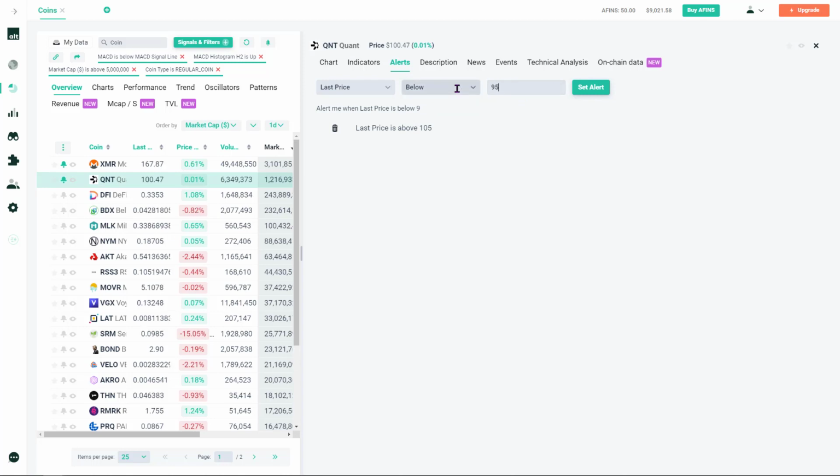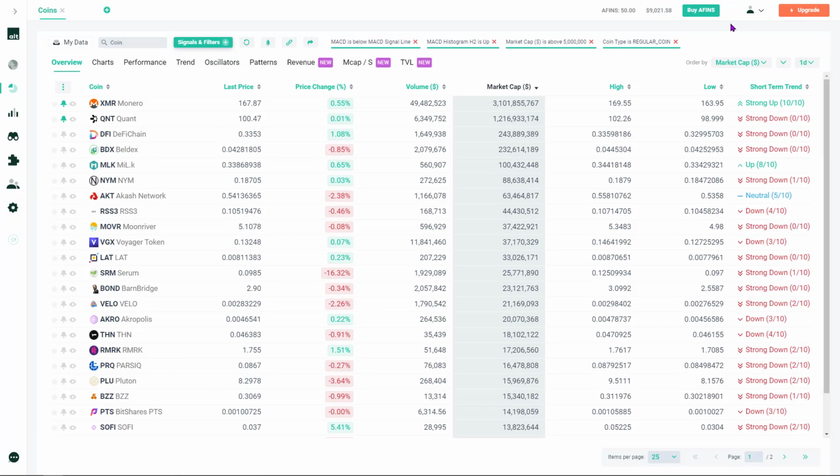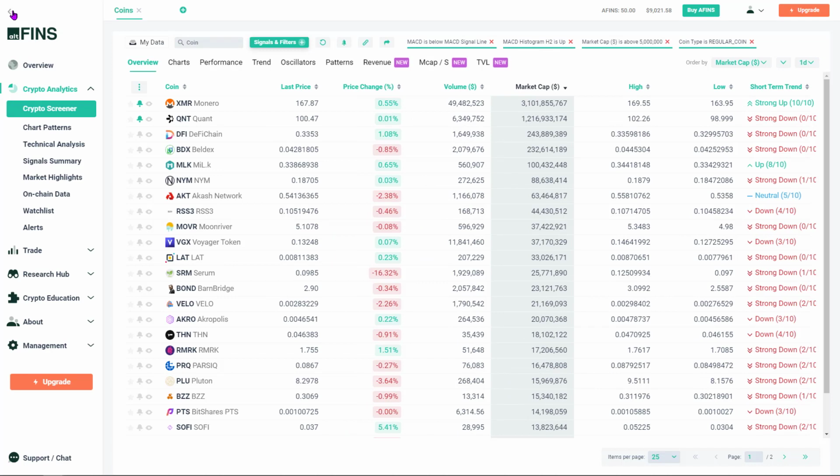So alert me when the price breaks below 95. All right, so now I have two trade setups that I have basically identified, and I'm going to be acting on depending on what the next few days of price action tells me.